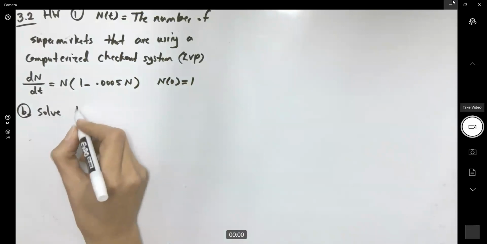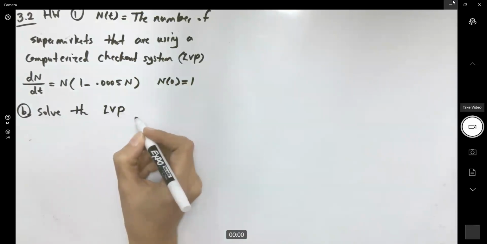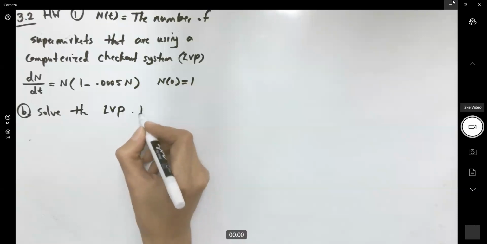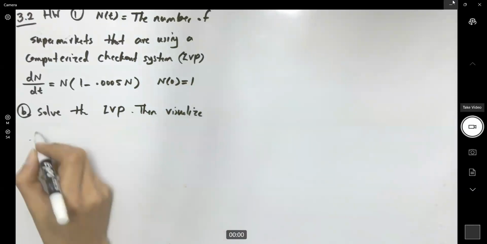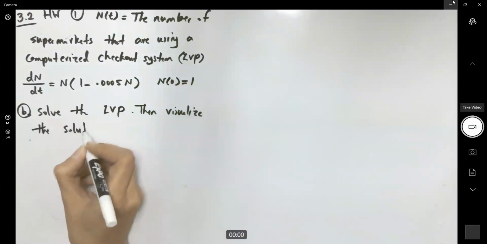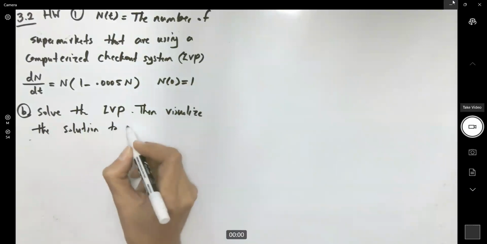So solve the initial value problem. Then visualize the solution to verify the solution curve in part A.